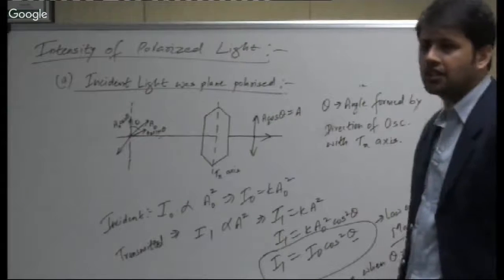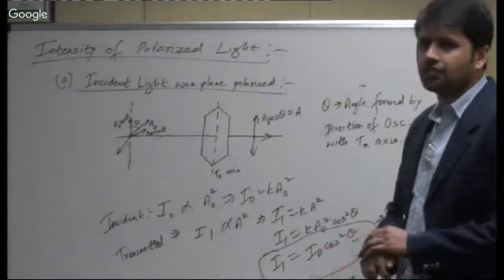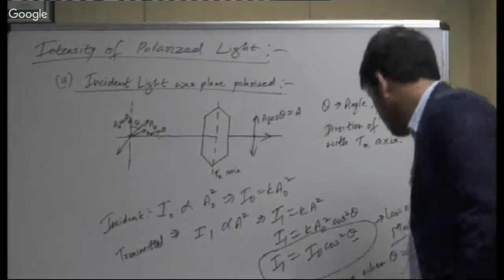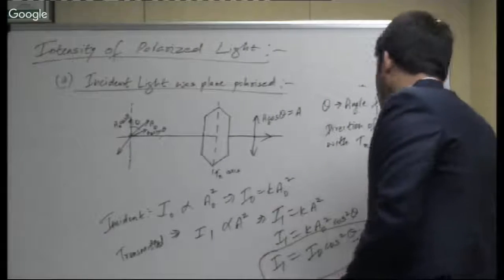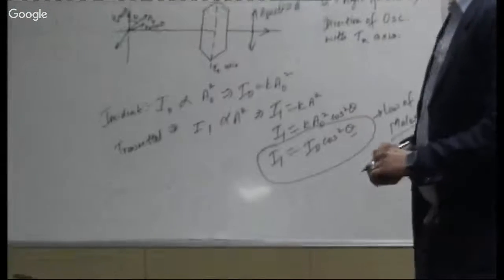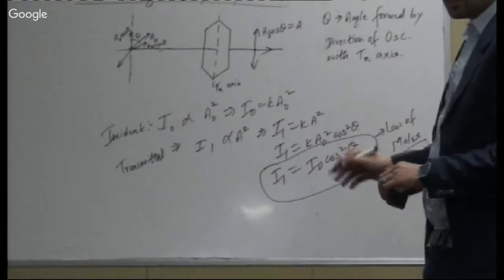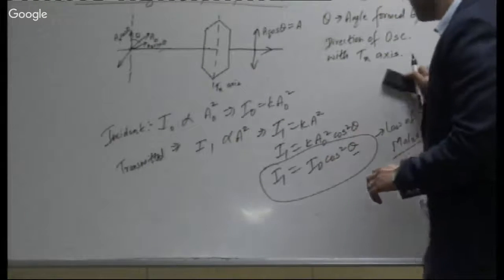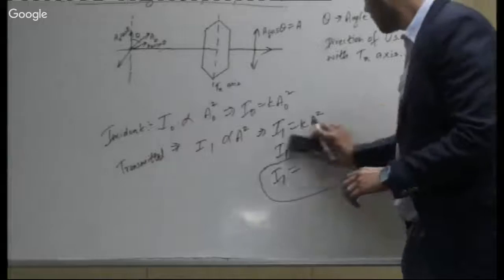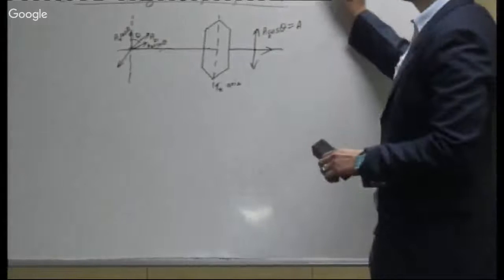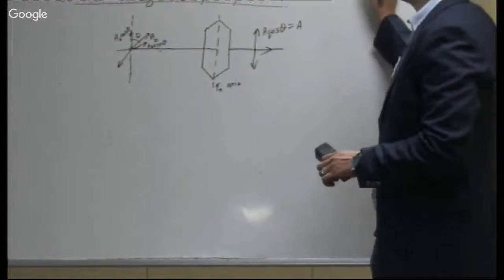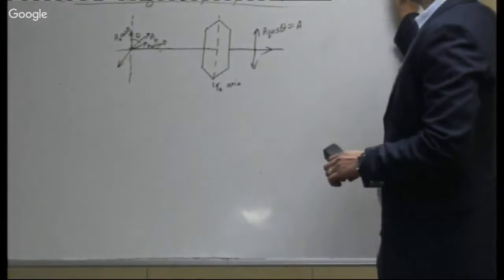What it means is that the initial oscillations were parallel to the transmission axis. So we know the law of Malus is I1 is equal to I naught cos square theta.